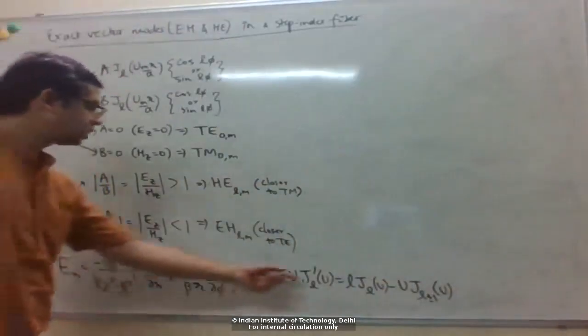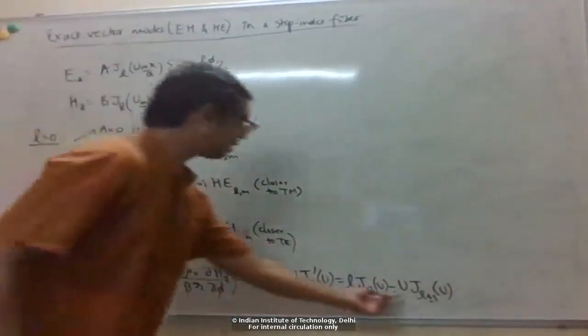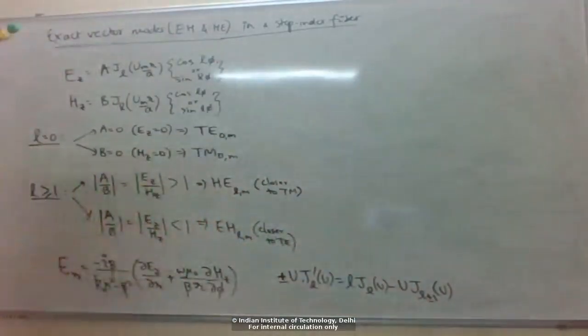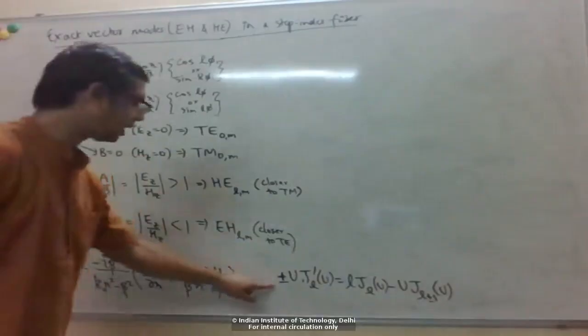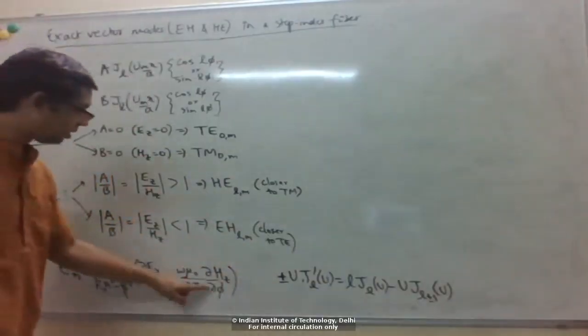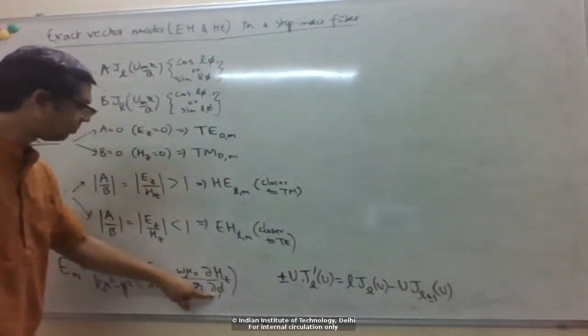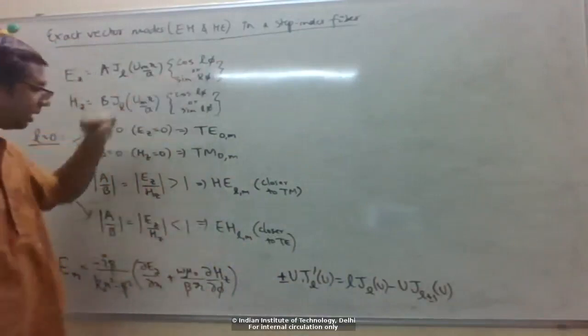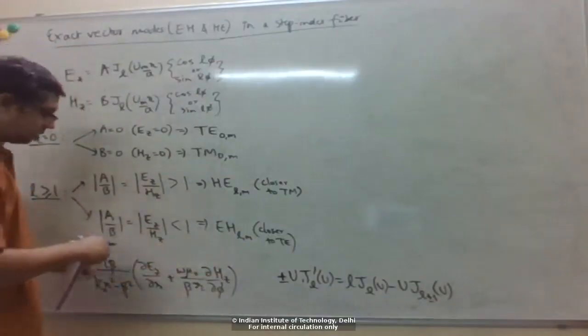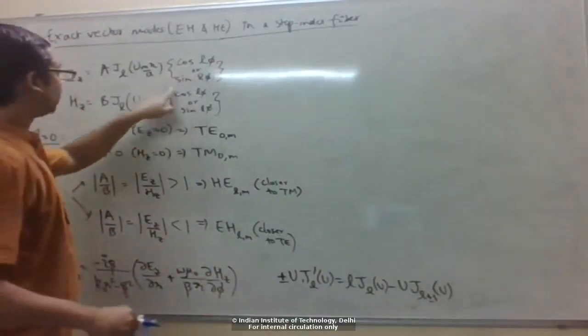If we use this identity here, we'll get terms with a Bessel function of either higher or lower order depending on whatever sign we choose. And then we have an azimuthal derivative here, which is sine Lφ or cosine Lφ. So we'll get an L outside.